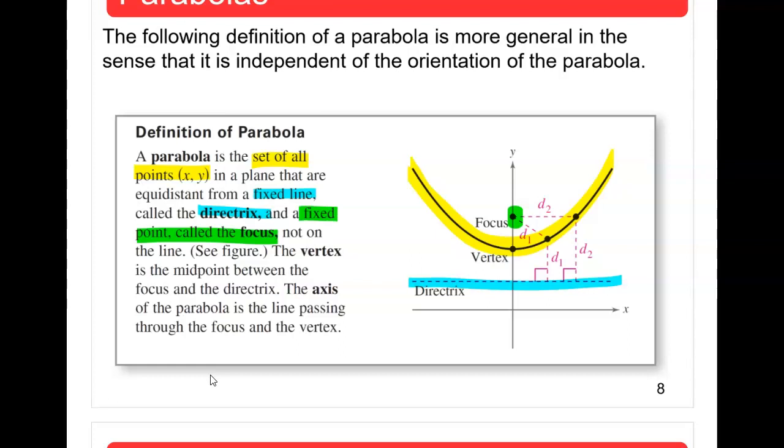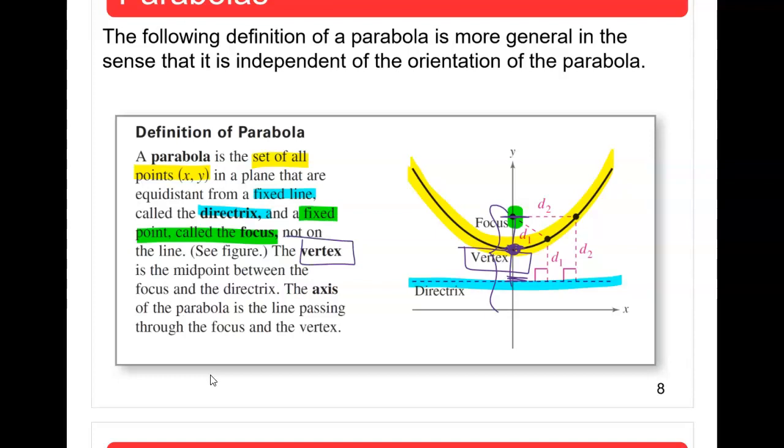The vertex is the midpoint between the focus and the directrix. So if you notice the distance from the focus to the directrix, and if you cut that in half, you will see it will be right there at the vertex. So that is the vertex.